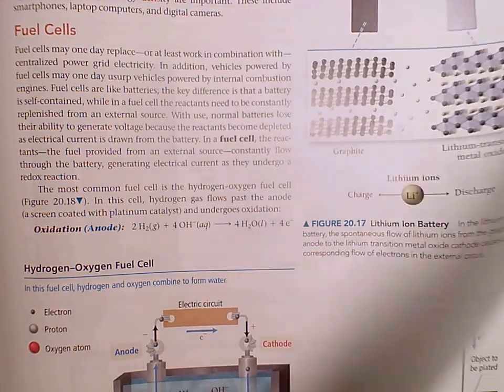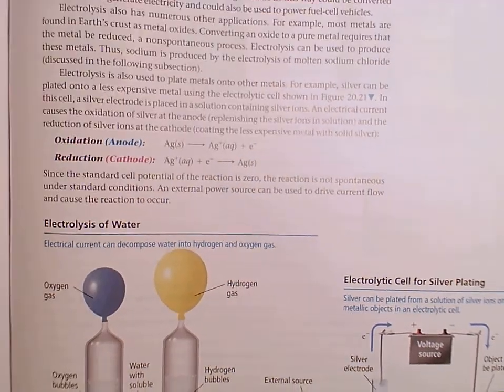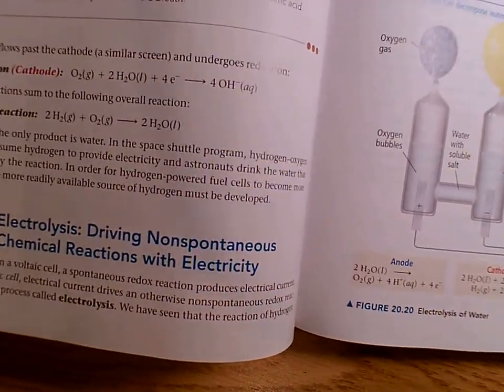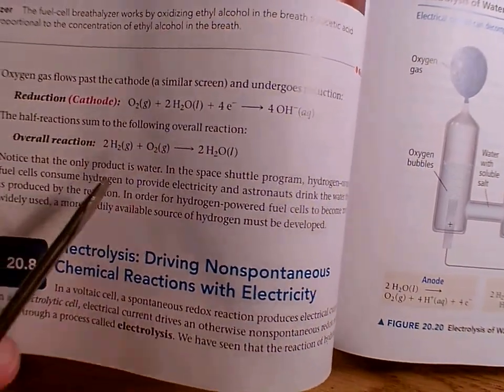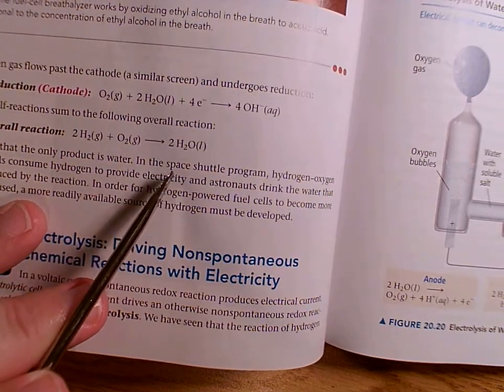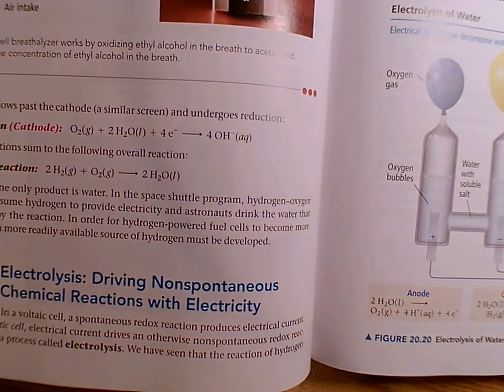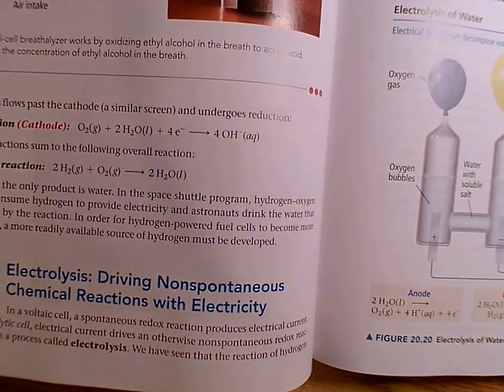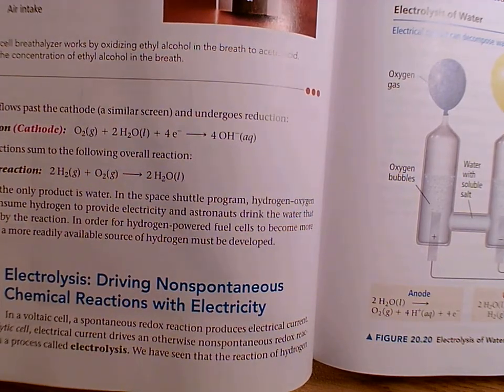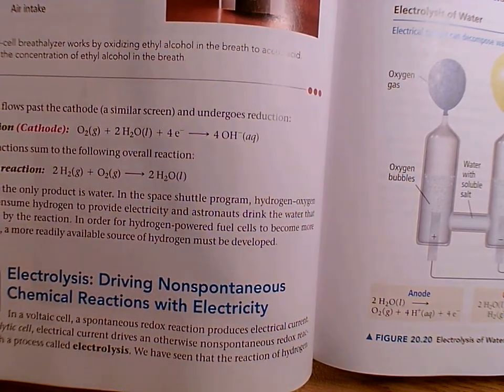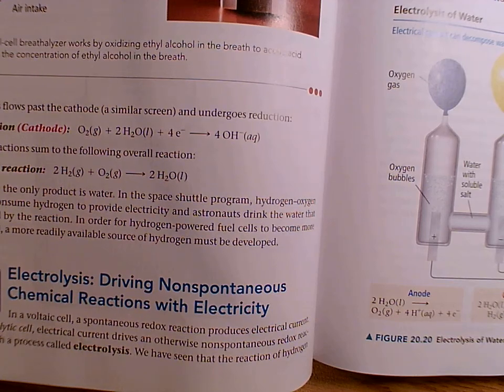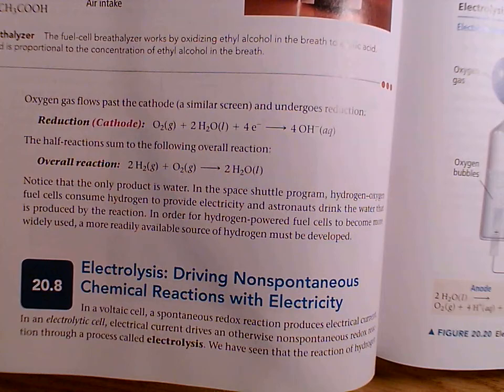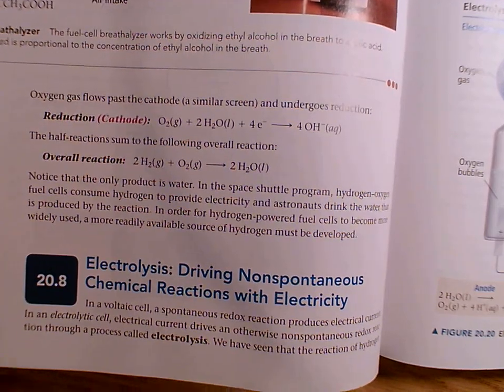A fuel cell simply takes our overall reaction of hydrogen gas plus oxygen gas and makes water out of it. And the potential energy of that reaction is pretty substantial. But we don't want it to explode, so a fuel cell gets it to do that just by separating the two half reactions from each other and using the electrons to move through wires.